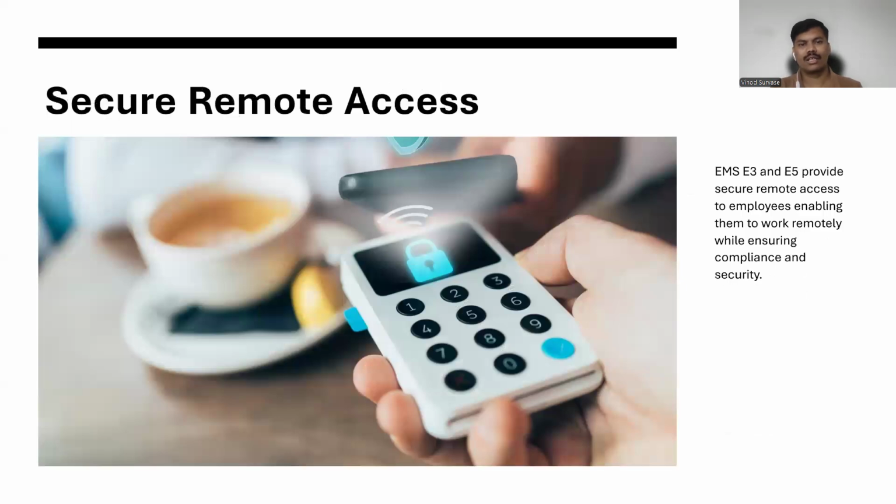So first is remote secure access, right? We talked about this one, wherein we can allow people to access data, devices, and applications remotely from anywhere, and they can work from any location without any security or data compromise, right?